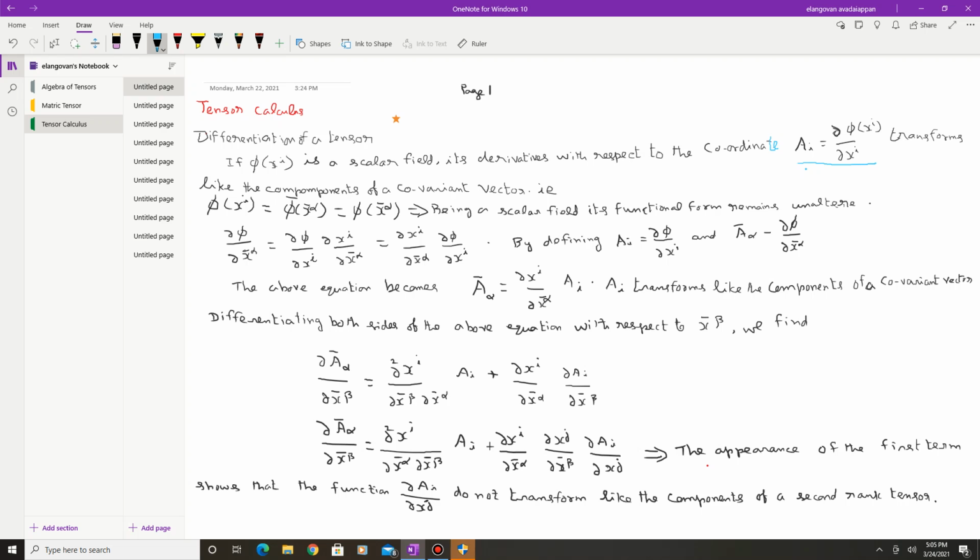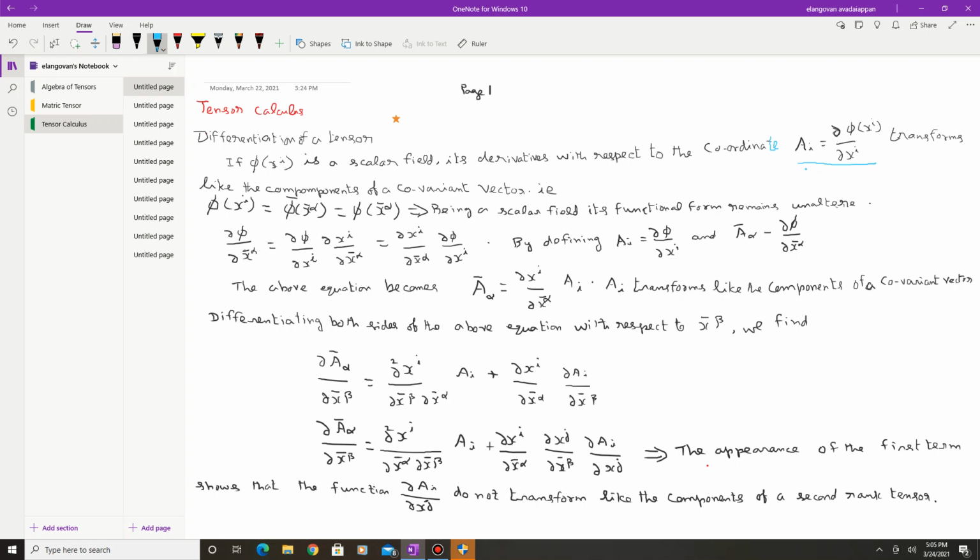Now we are going to discuss the differentiation of a tensor. If phi, which is a function of the coordinate, is a scalar field, its derivatives with respect to the coordinate define a suffix I, which is equal to partial d phi by dxi.